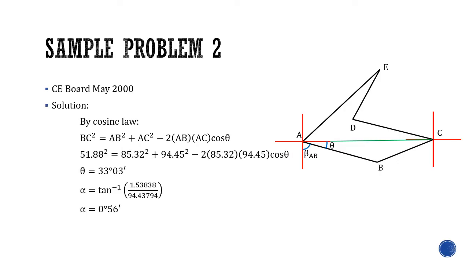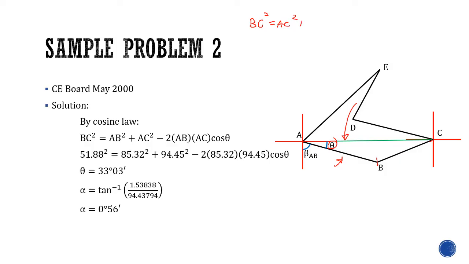And so, class, ganito gagawin natin, no? Kunin natin yung theta using cosine law. Okay, so sa cosine law, sabi ng cosine law, class, third side squared. Okay, so yung third side, yun yung opposite nung angle. Okay, in this case, BC squared ay equal to yung sides na adjacent doon sa angle, no?